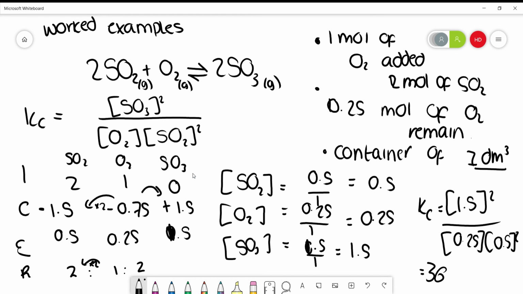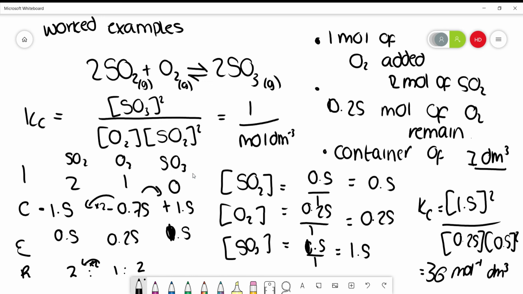And just as a final flurry, let's calculate the units. You've got 2 on the top, 3 on the bottom, which means that it's 1 over mole per dm to the minus 3, which is mole to the minus 1 dm to the 3. Because, as you remember from your GCSE inverse index laws, you flip the sign when you go from the top to the bottom.